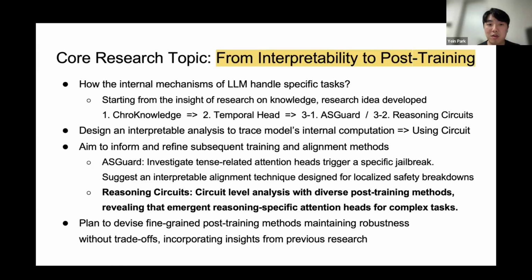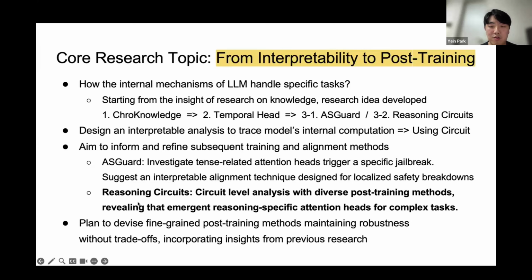Then I developed ideas to evaluate knowledge and find out the internal mechanism of processing it. Then I go to the next step of using that insight from interpretability in post-training methods. So the goal of my research is designing interpretable analysis to trace a model's computation, then aiming to inform and refine subsequent training and alignment methods.